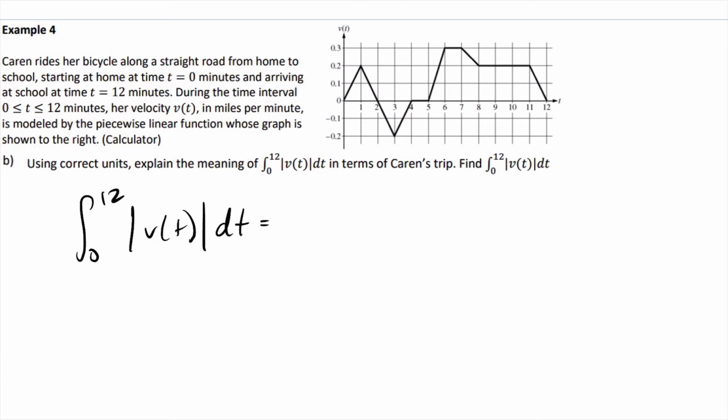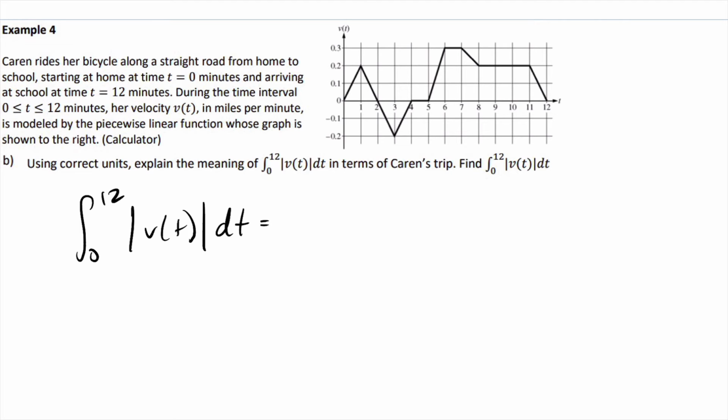Okay, so this setup looks familiar. Not necessarily the 0 to 12, but the absolute value bars. I've seen those before. And I've seen the absolute value bars around V of t. Where can I find that? Where have we seen it before? We've seen it a couple times. Where would you originally see it? In the table at the beginning, right?